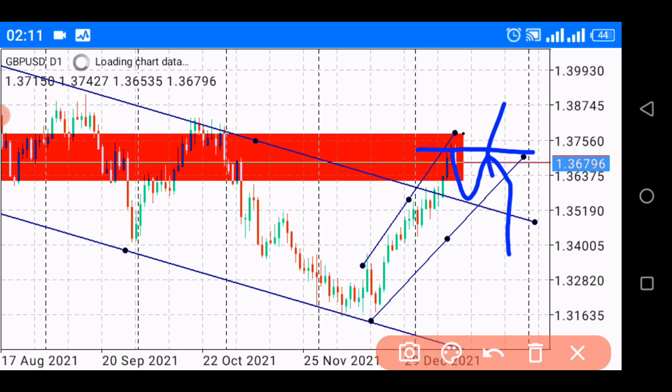We will be looking out for two things, because it is possible that the market will do that. We'll be looking for either a momentum candle that will break it out, or a rejection candle that will tell us that the market is coming down. That is the thing that we need.